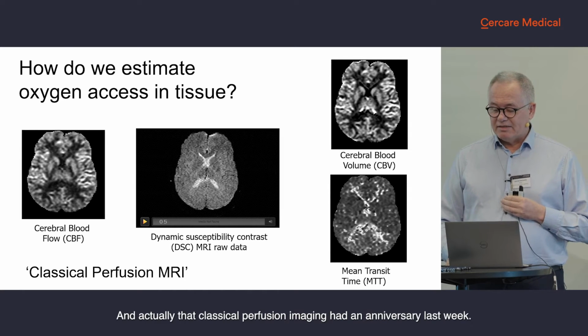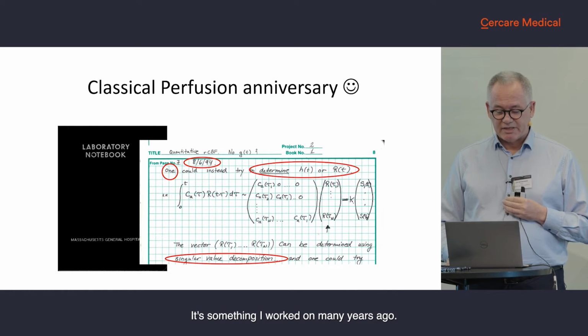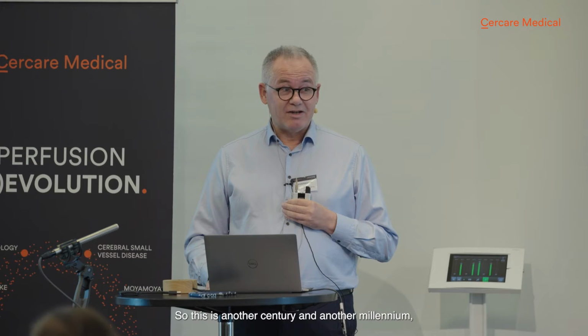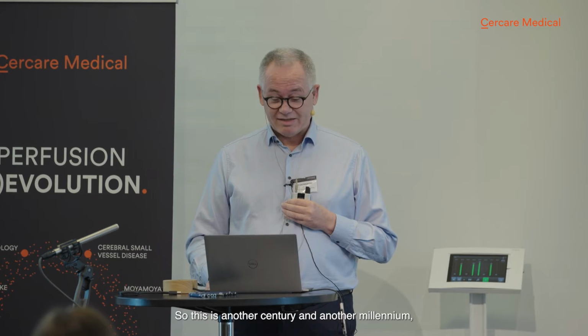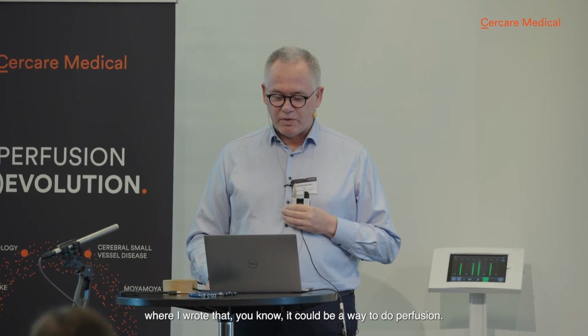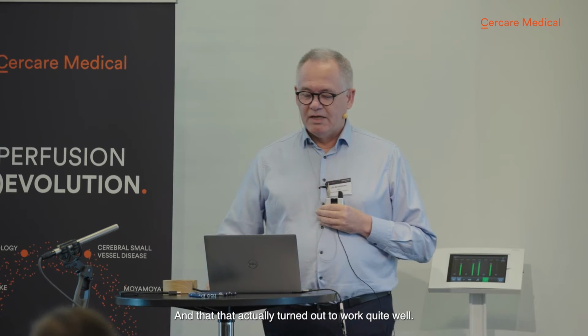And actually that classical perfusion imaging had an anniversary last week. It's something I worked on many years ago, and here you can see my lab book from June 8th, 1994. So this is another century and another millennium, ladies and gentlemen, where I wrote that here could be a way to do perfusion, and that actually turned out to work quite well.